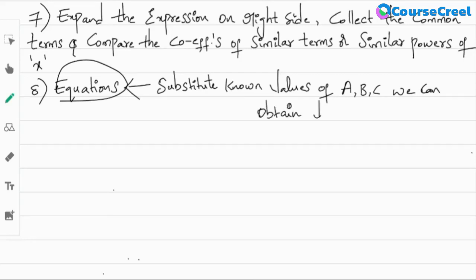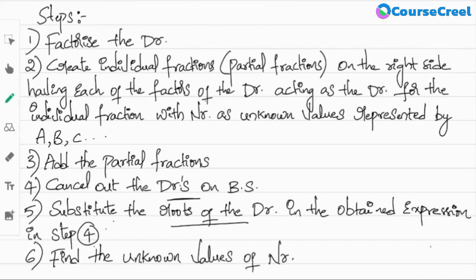So in this way, we can obtain the unknown values of the numerators, that is A, B, C, and after finding these values, substitute them in the partial fractions obtained in step 2.